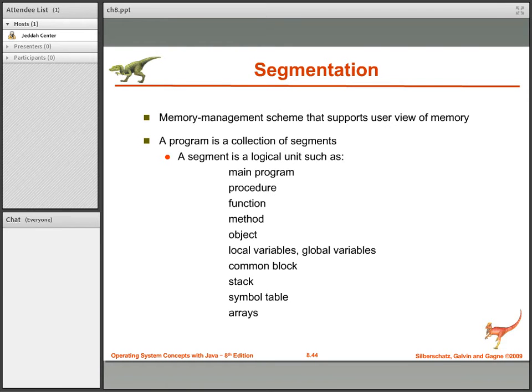consists of how the user formulates his program code and how he segments it.